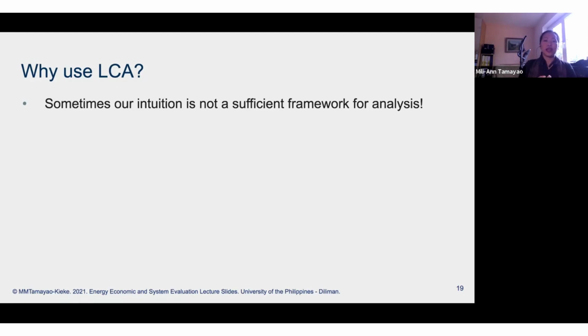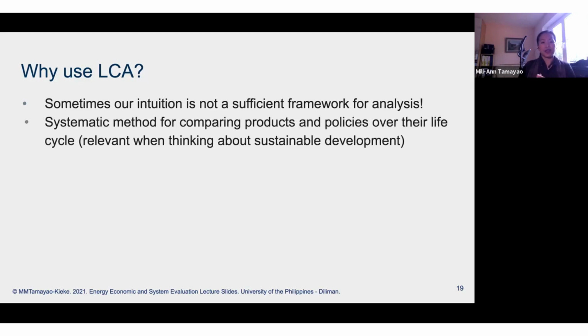LCA helps you because there are complex questions wherein your intuition is not a sufficient framework for analysis. And LCA will provide you a systematic method for comparing products and policies over their life cycle. And of course, this is relevant when thinking about sustainable development.